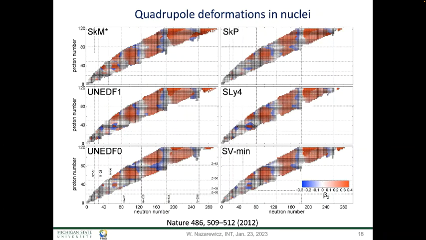So this shows predicted quadrupole deformations in nuclei in density functional theory calculations using various energy density functionals. Those are marked by those symbols, UNEDF1, SV-min, etc. The large deformations, the prolate deformations, are red, the oblate deformations are blue, and nuclei which are close to magic, that is those magic nuclei marked by dashed lines, are usually spherical, that is white.